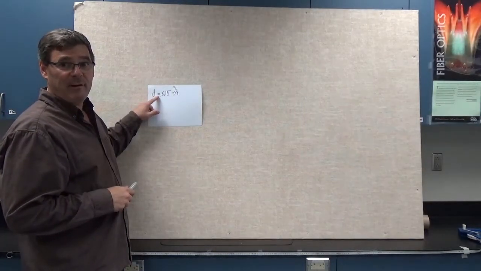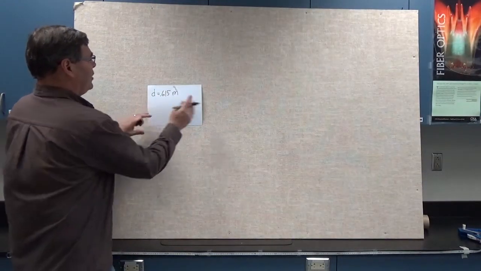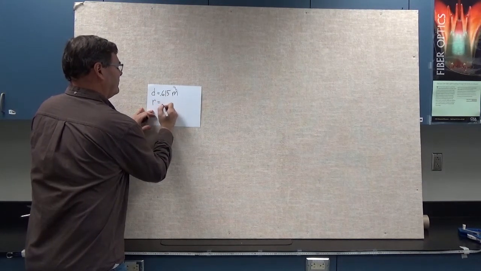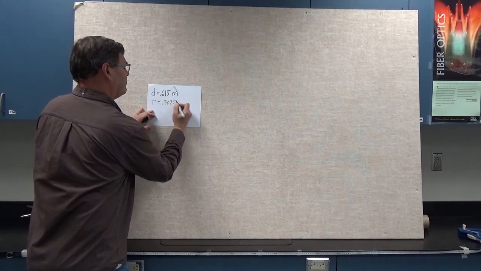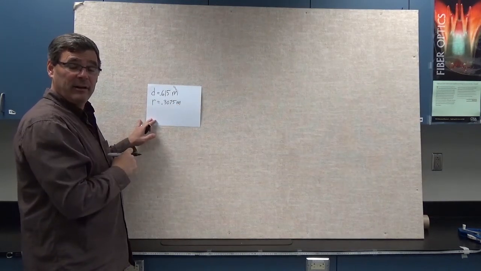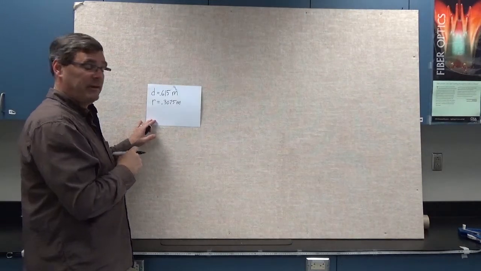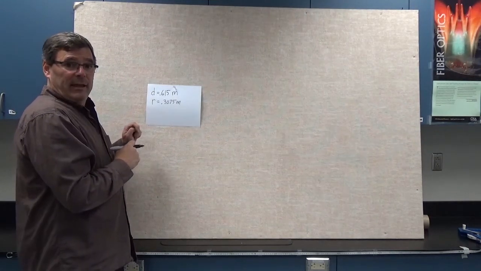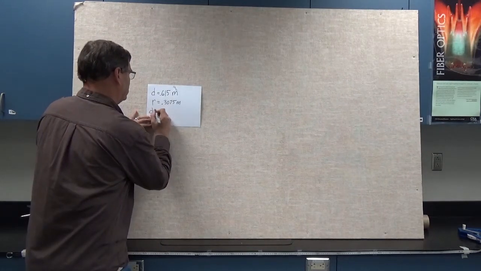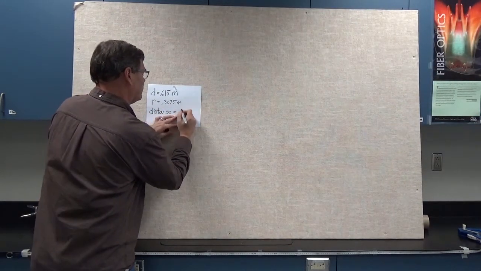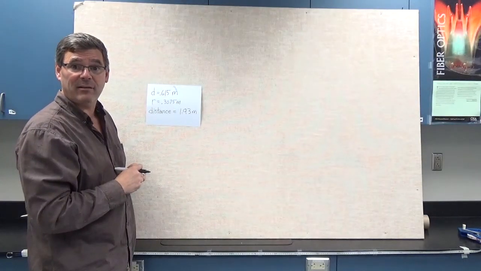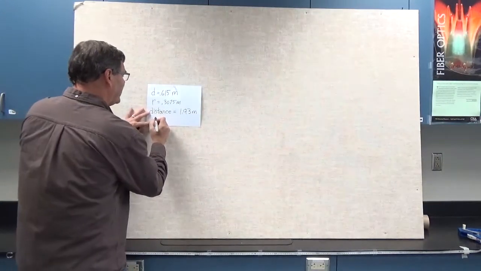So remember, the diameter of the wheel was 0.615, so that means the radius is going to be half that. And we just measured that the wheel rolled along the counter 193 centimeters. So that is the distance the center of mass traveled. But it's also the arc length of the rotational motion. So that's S.